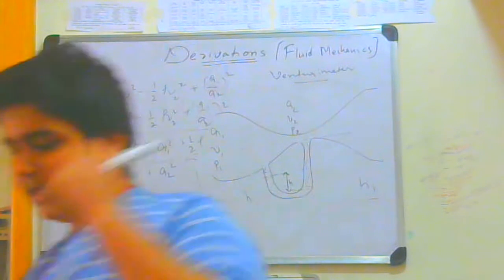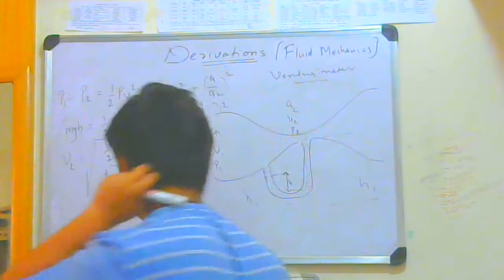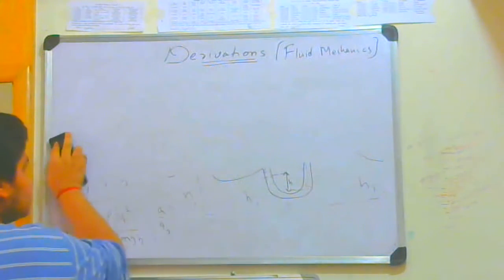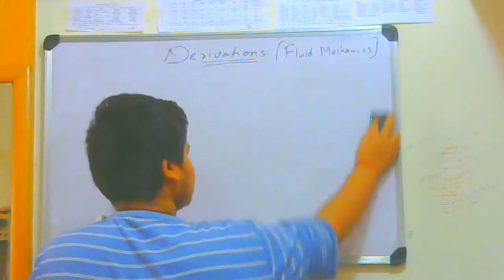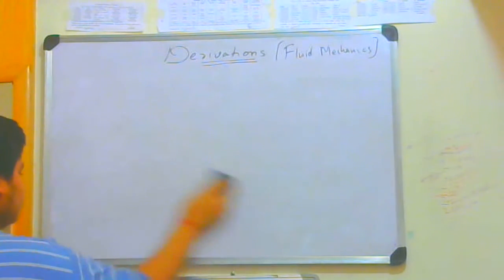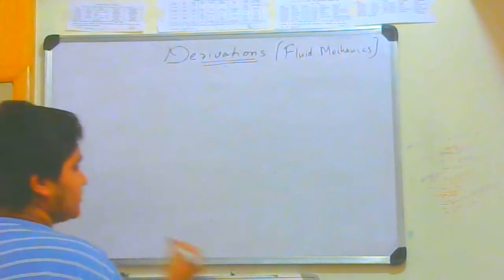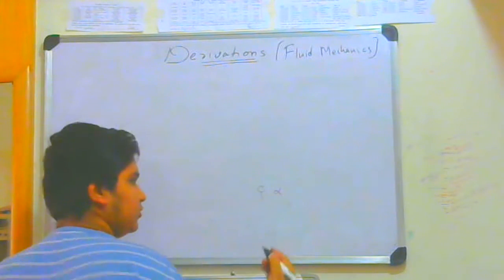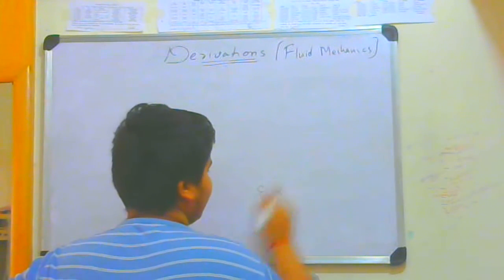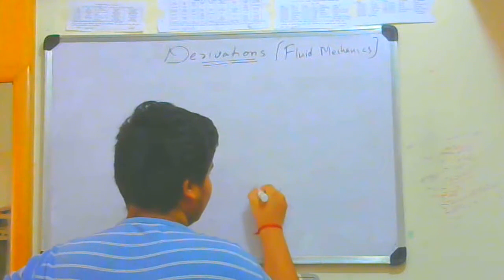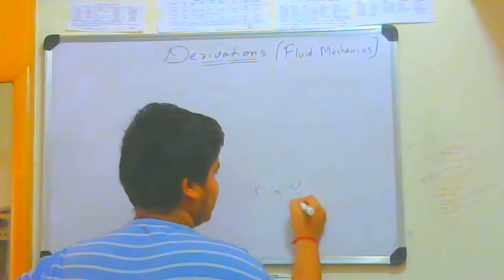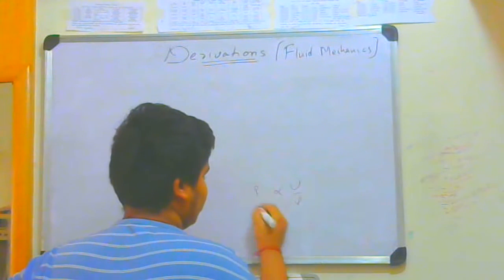विस्कोसिटी का आपको फॉर्मूला पता है ही. What is the formula for viscosity? Formula for viscosity is given by, when the force of viscosity is directly proportional to, or rather the pressure of viscosity is directly proportional to velocity gradient, that is V upon L. So what is pressure?